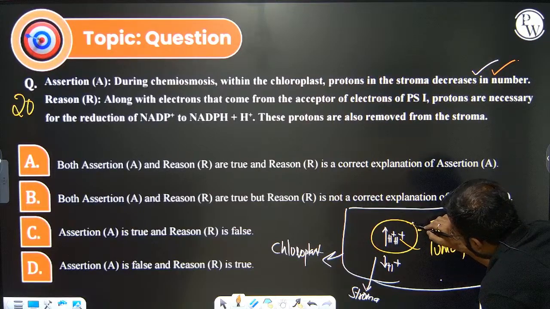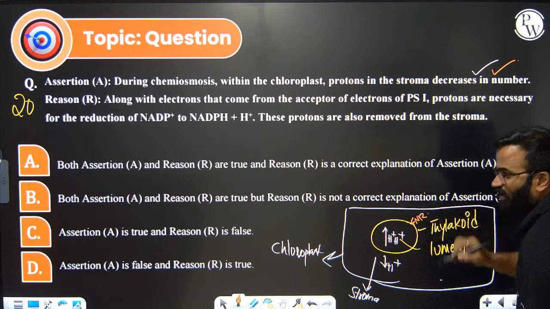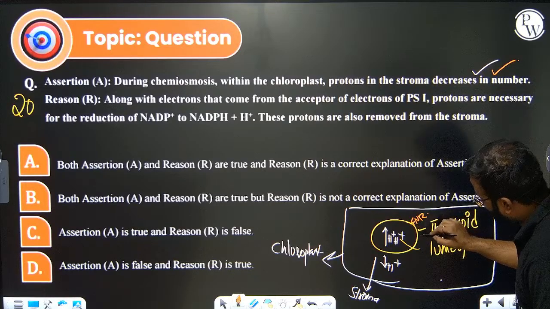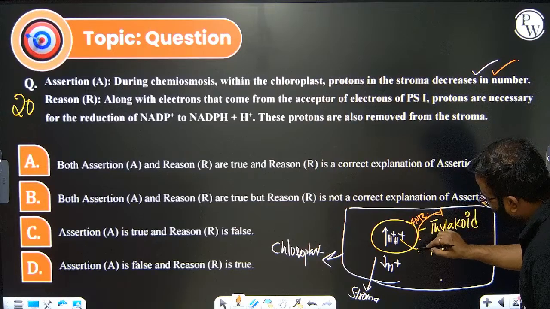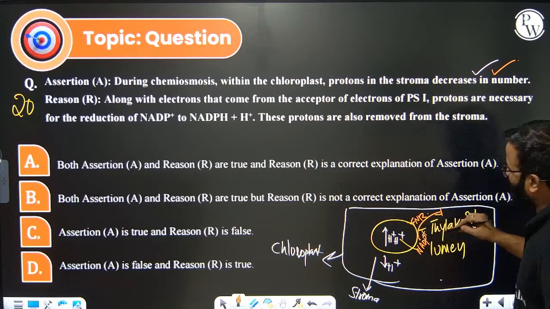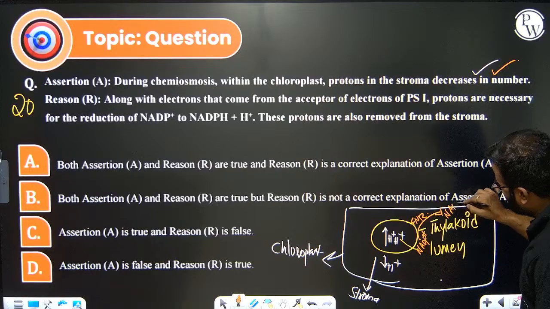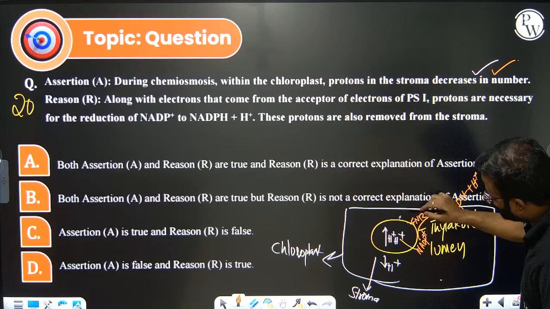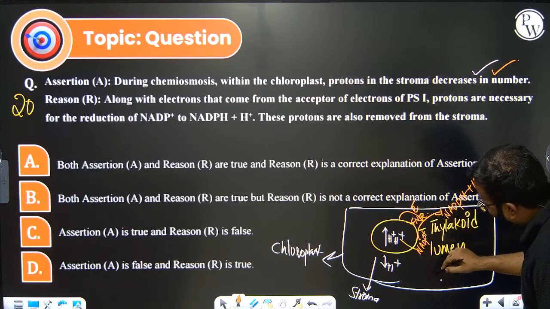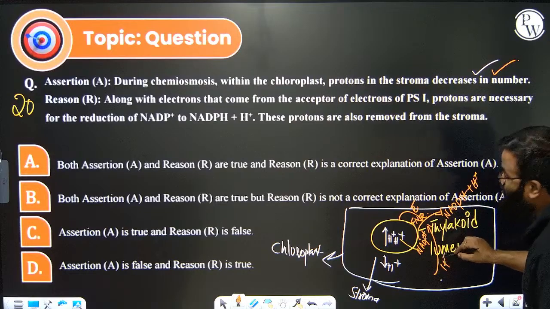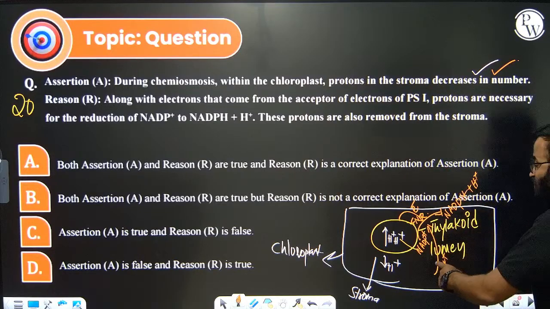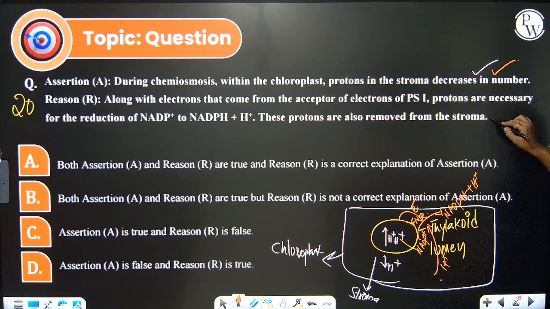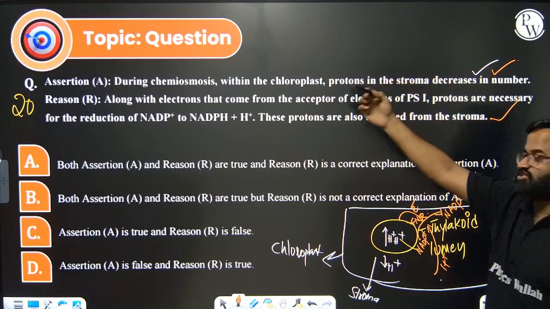As you know, FNR is strategically located over here, towards the outer side of the thylakoid membrane, where NADP plus is reduced to NADPH plus H plus by accepting the electrons from the photosystems and the protons from the stroma of the chloroplast, because of which the concentration will be reduced within the stroma, which is beautifully explaining the assertion.